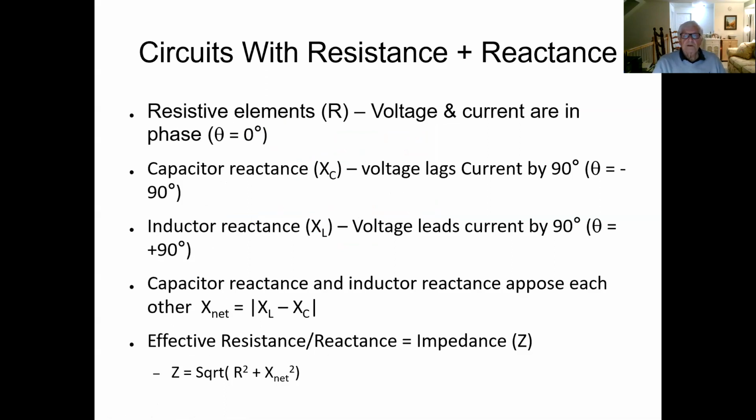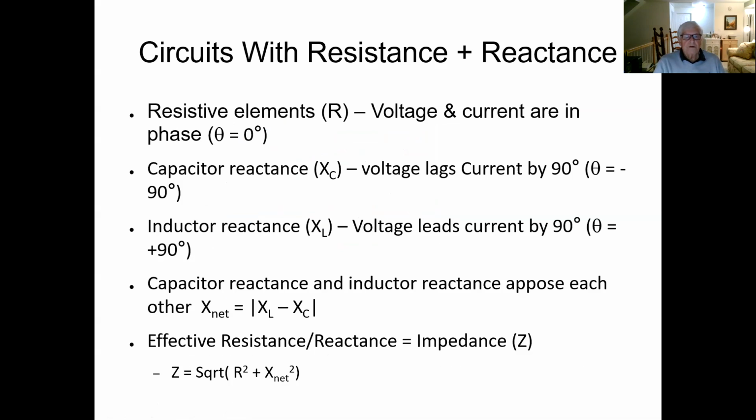So, circuits with resistance and reactance. We know that in the resistive element, the voltage and current are in phase. The capacitor voltage lags by 90 degrees, so we get minus 90 degrees, whereas an inductor voltage leads the current, so we get plus 90 degrees.